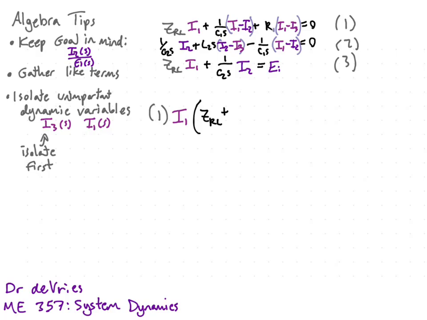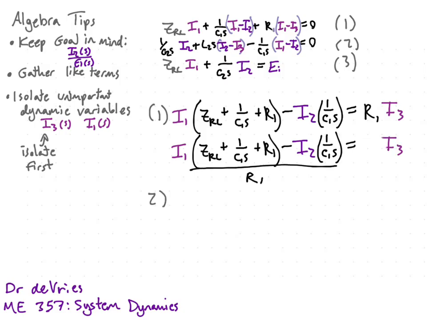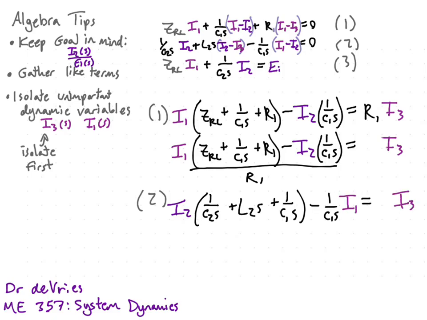So for equation 1, we're going to take that equation and gather all the like terms. So everything multiplied by I1 we'll have together. And I'm going to want to isolate I3, so we'll have I3 on one side, and we can have it completely isolated by dividing by R1 on both sides. For equation 2, we could do the same thing. Gather all the I2 terms, gather all the I1 terms, and then isolate that I3 term and divide by that L2S in order to have everything in terms of I3.